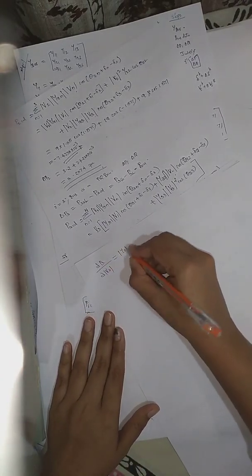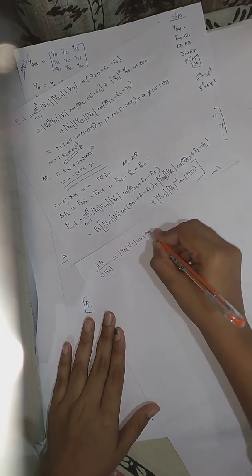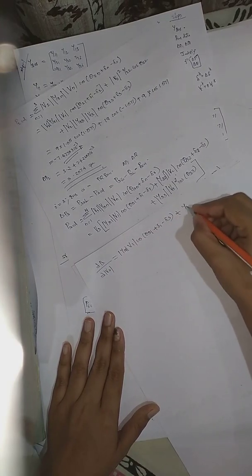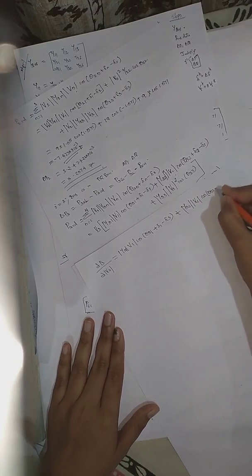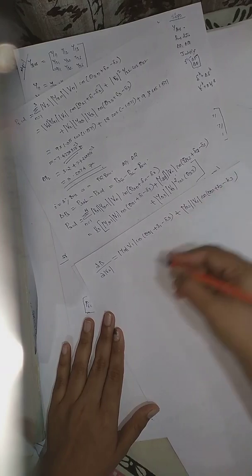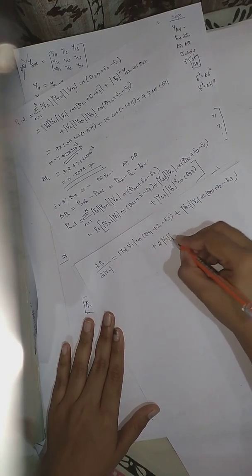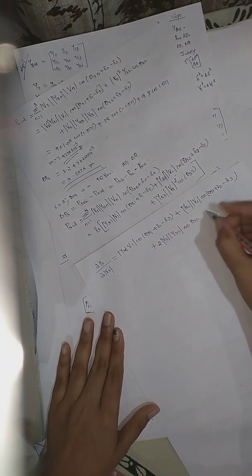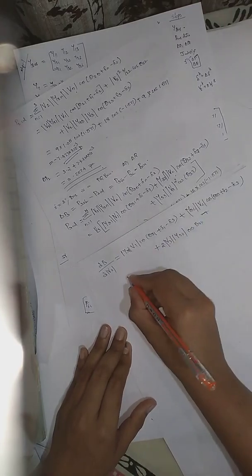So that will be Y31 V1 cos(theta 31 plus delta 1 minus delta 3) plus Y32 V2 cos(theta 32 plus delta 2 minus delta 3) plus 2 into V3 into Y33 into cos theta 33. So this will be the value.